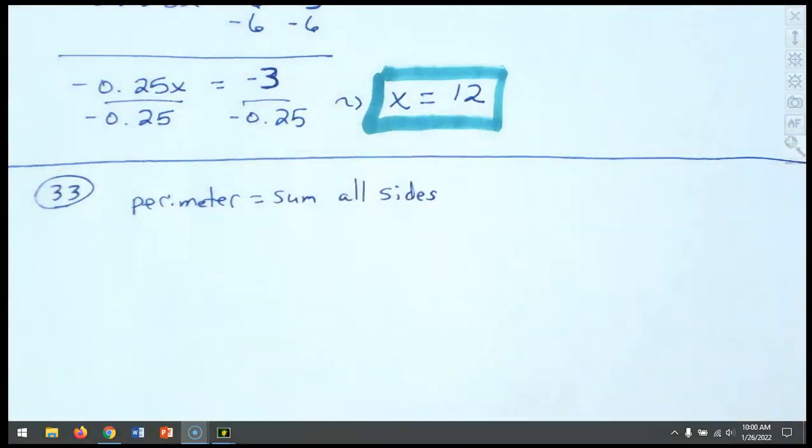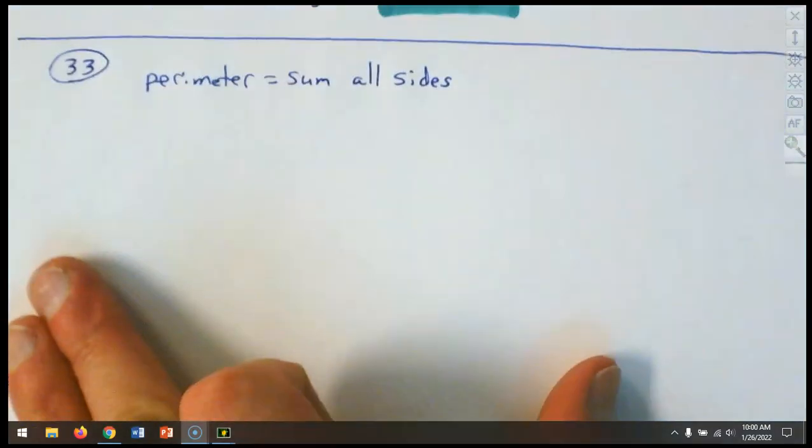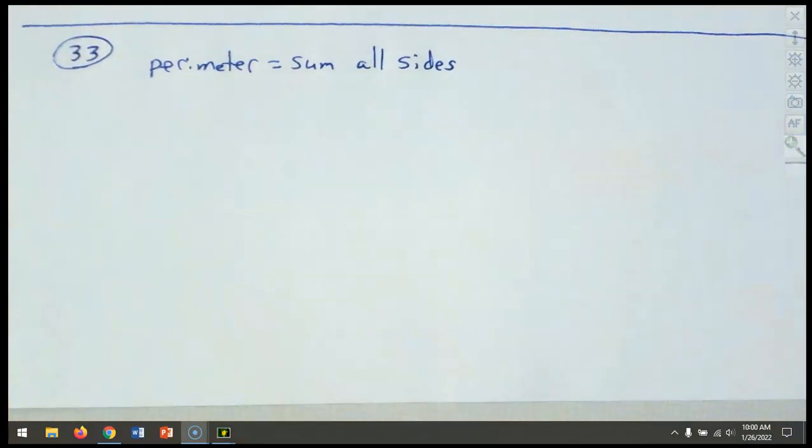So it doesn't matter what figure you're looking at: square, rectangle, triangle, octagon, doesn't matter. When we talk about the perimeter, what are we doing? Adding up the sides. So that's just a basic definition. You could look it up in the back cover of your textbook, but all you really need to remember is perimeter means add up all the sides. Simple as that. Doesn't matter the figure, they're all done the same.